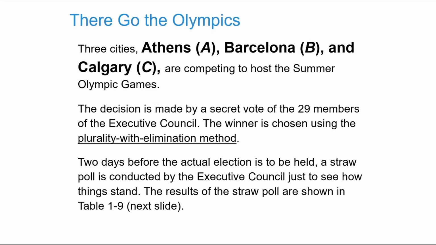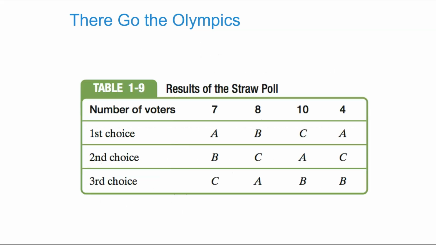Okay, so let's look at an Olympics example here. We've got Athens, Barcelona, and Calgary. They're all competing. There's going to be a secret vote of 29 members. Now, they decide they want to do just an unofficial straw vote to see where everyone stands. Here are the results of the straw poll. If we're using the same method, plurality with elimination, Athens has 11, Barcelona has 8, and Calgary has 10.